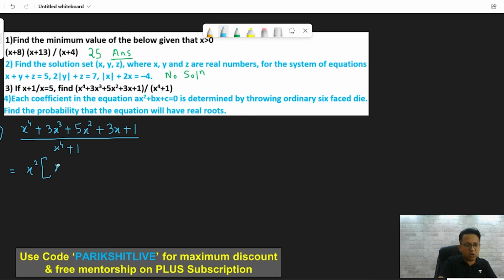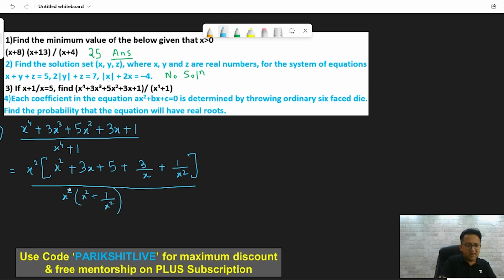If I take x square common, the first term will become x square, the second term will become 3x, the third term will become 5, the fourth term will become 3 by x, and the next term will become 1 by x square. Correct? And from the denominator also, I can take x square common, so we have x square times x square plus 1 by x square. So x square cancels out.